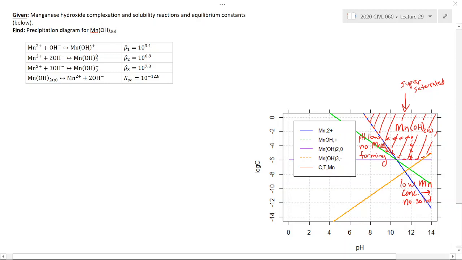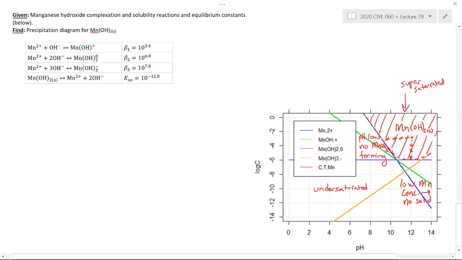Outside of that envelope, our solution is undersaturated. So it's not forming the solid because it's undersaturated with manganese. A couple of ways to look at this. For one thing, at what pH range can we precipitate manganese from our solution?